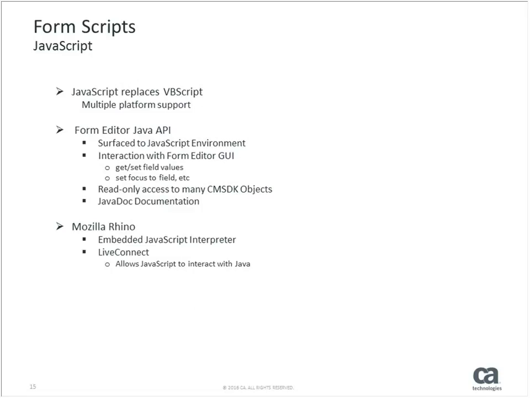On all OS, VBScript may not be possible. So in the Eclipse-based UI, as it supports multiple platforms, we are using the Rhino script engine in order to display the forms with the help of JavaScript. So it is supported across multiple platforms.